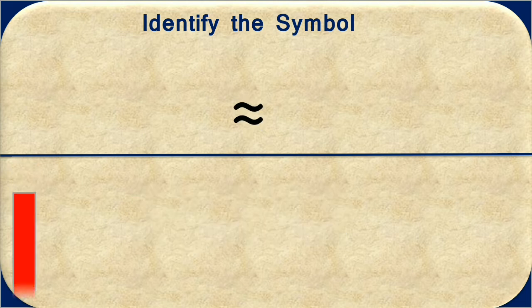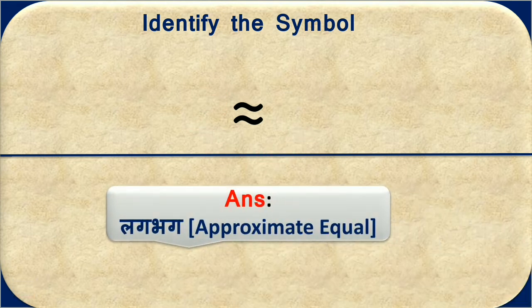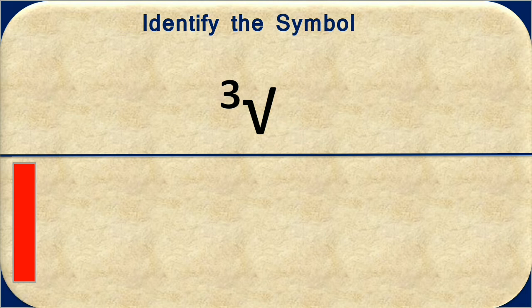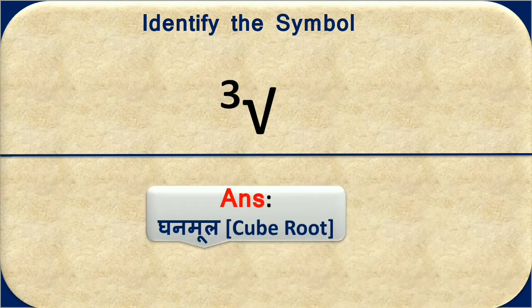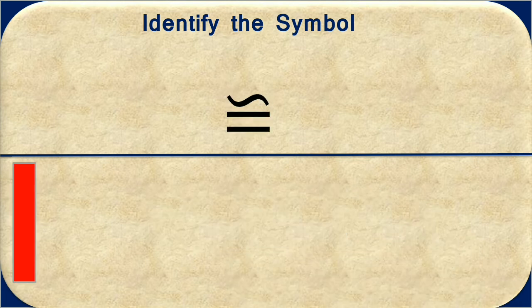This symbol is of. Identify it quickly. This is of approximate equal. Identify this symbol. This symbol is of. This is cube root. In Hindi we call it as ghanmool. Identify this symbol. This symbol is of.